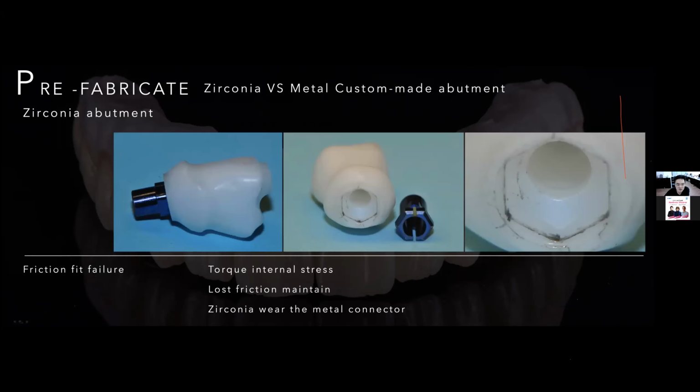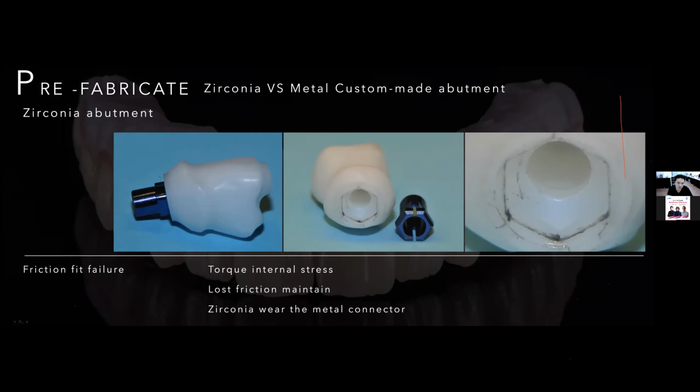And for the fixation type, the zirconia abutment also has another interesting thing. I said the zirconia is very hard, and our metal interface is more soft.